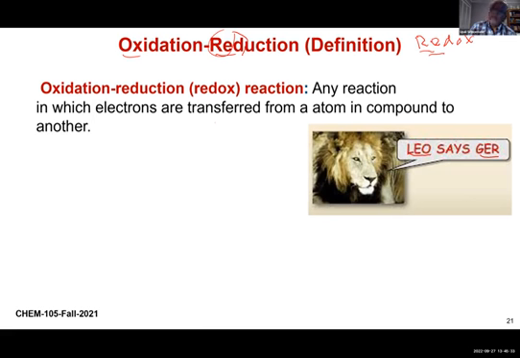LEO stands for loss of electrons is oxidation; the last letter O is oxidation. GER: the last letter is reduction. Reduction is gain of electrons.